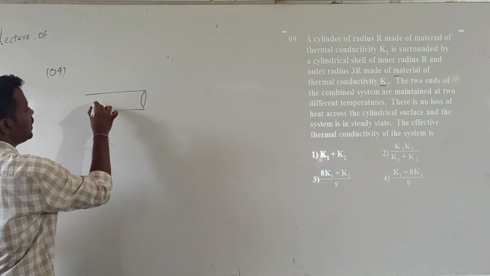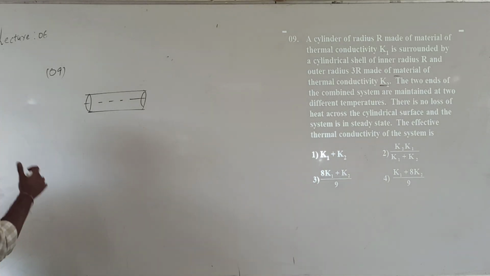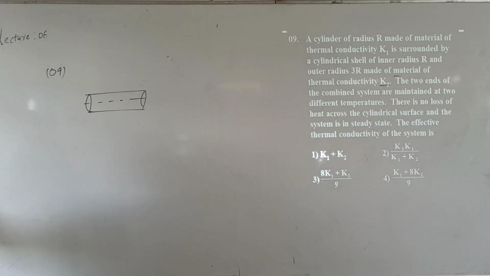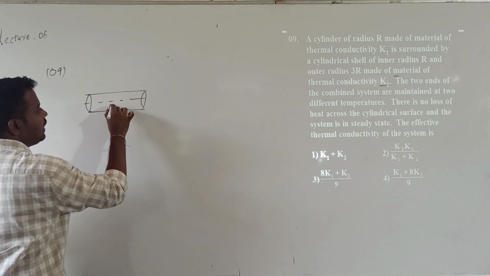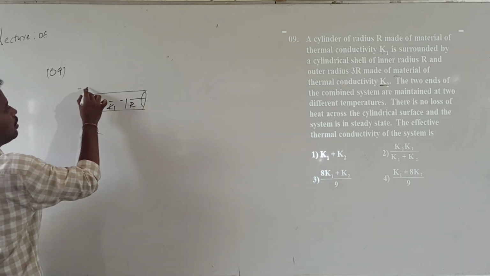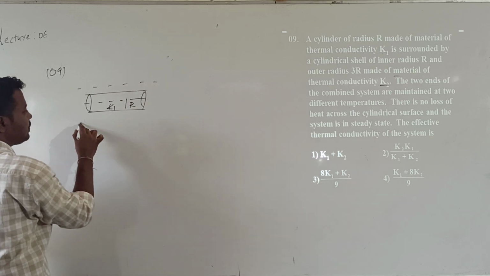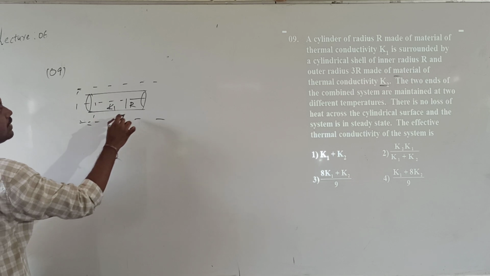So one cylinder is there. So what is this cylinder? Radius is given as capital R. Its thermal conductivity value is given as K1. It is surrounded by one cylindrical shell. For that cylindrical shell, inner radius is given, outer radius is given.